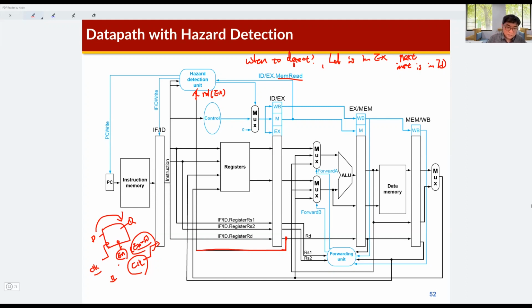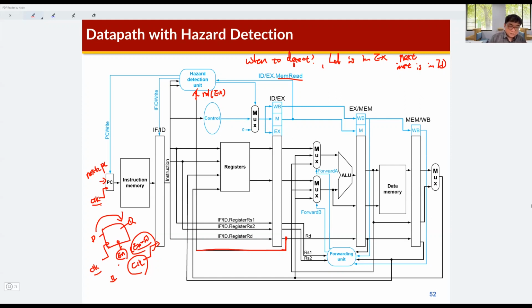Then what is the PC write? Actually the PC also receives the next PC signal. So next PC is here, and at the rising edge of the clock, it's also a D flip-flop. At the rising edge of the clock, the current PC is updated to the next PC, that means the input of the program counter register.